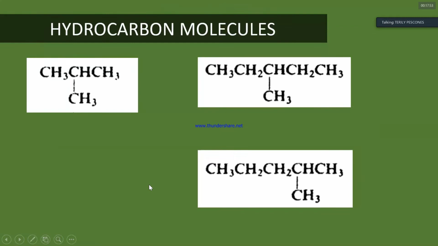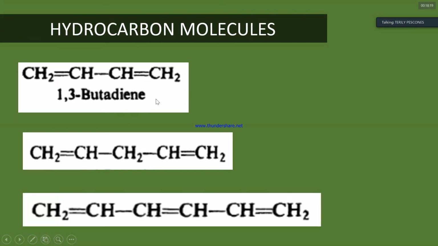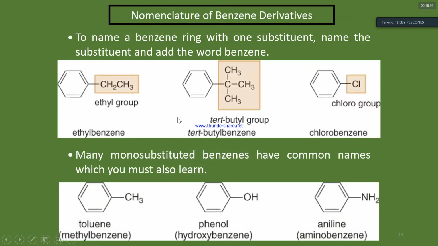So, again, hydrocarbon, natapos na natin ito kahapon. So, butadiene, because it has 2 double bonds. So, the 1 and 3, ibig sabihin, dun sa una, may double bond, sa pangatlo, may double bond. So, that's why we have 1,3-buta, and then we have the prefix di, indicating that there are 2 double bonds. Okay, then we have the aromatic.